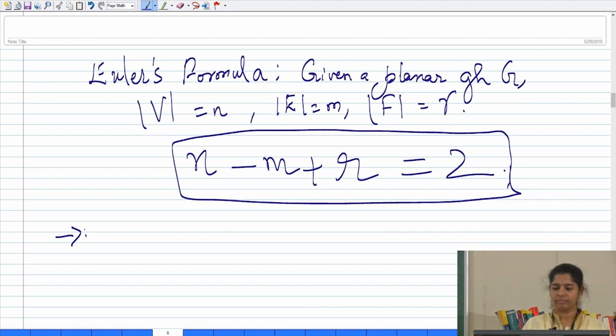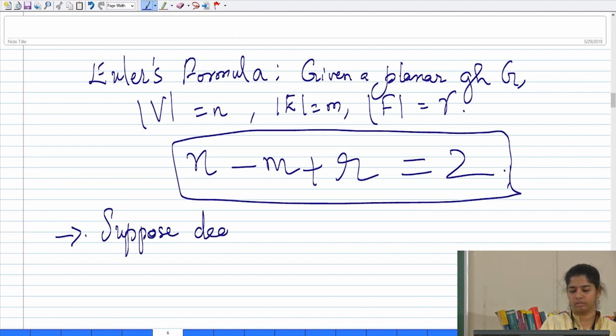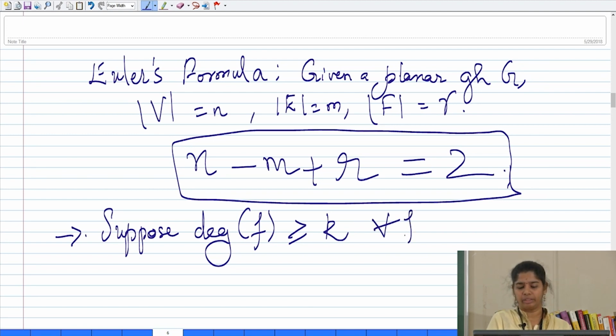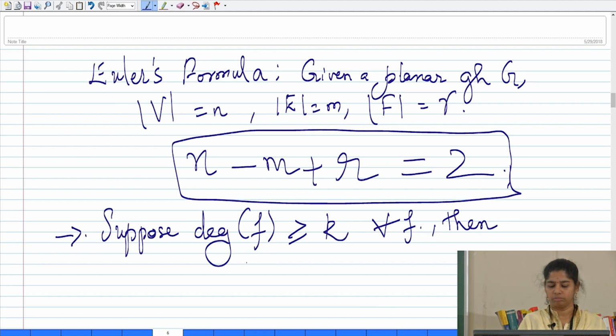One such result where we can use this is, suppose degree of f is greater than or equal to k, say for every face f. Then what can we say about any relation between n and m, and of course this k.